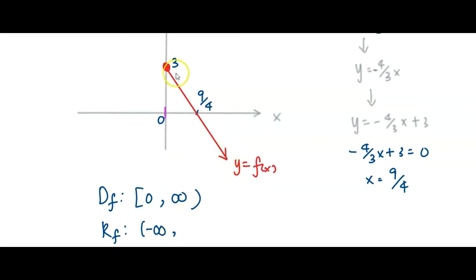And then the highest point of the graph is this one, and the y value is 3. Because to find the range, we are searching for the y value. So this is from negative infinity to 3, and I'll put a closed bracket to show that this includes 3. Okay, so this is our domain and range.